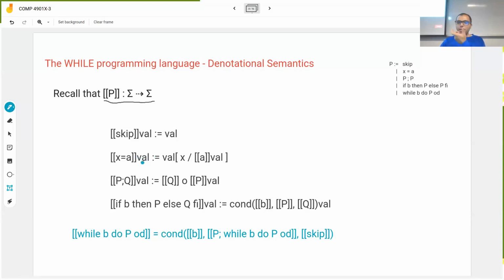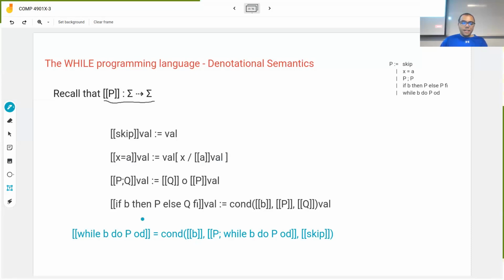Well, I just take my valuation, I keep all the variables the same, but I change the value that is assigned to x. What value should be assigned to x? Well, whatever this expression says. But I already know how to find the value of this expression because I've already defined the semantics of this expression. So I just take that and I replace it in x, and this is the semantics.